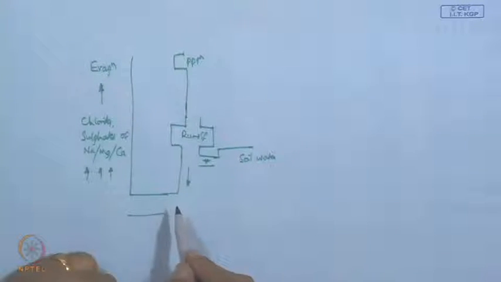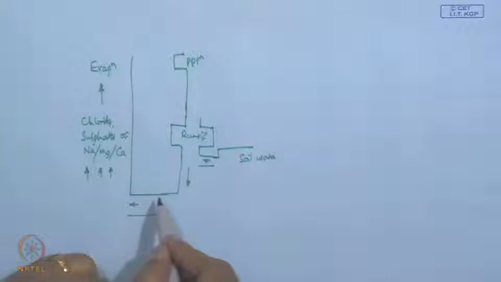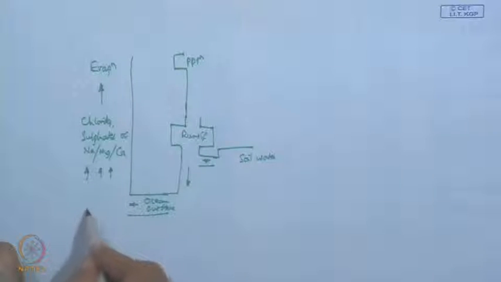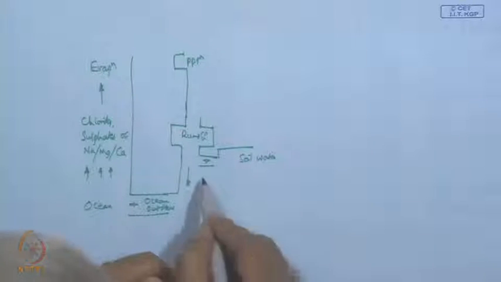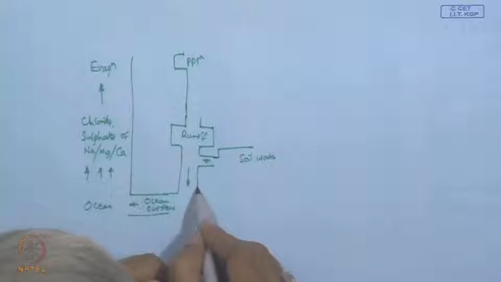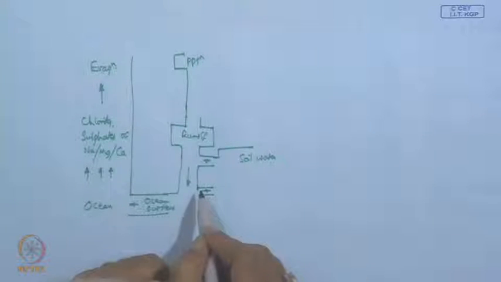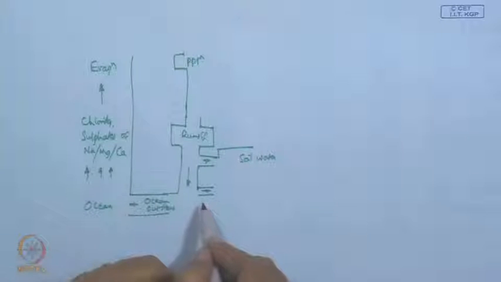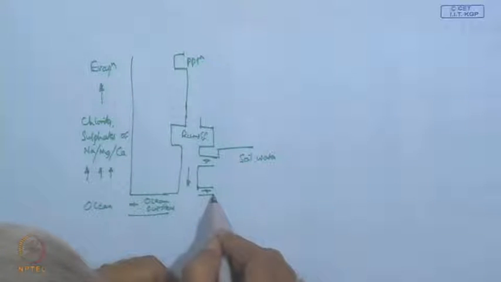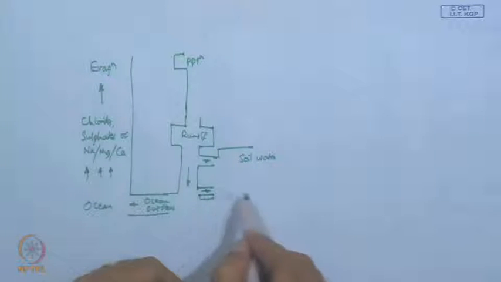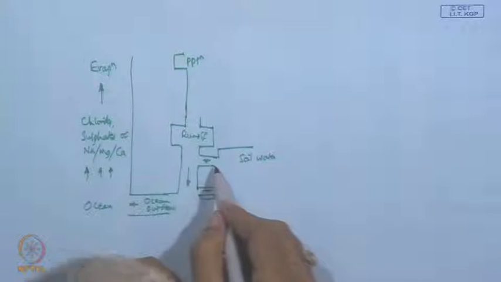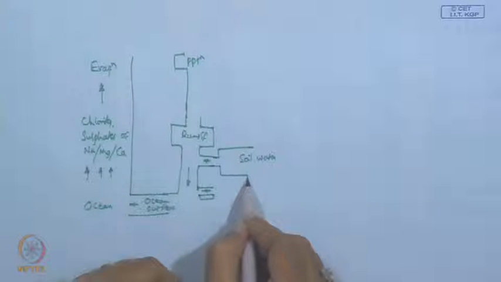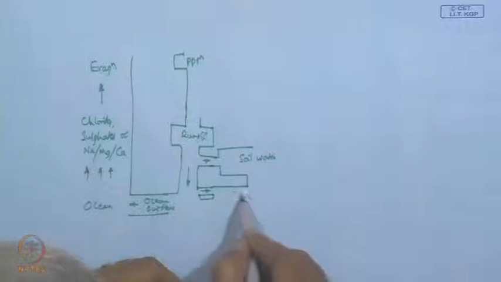This part of runoff goes to the ocean outflow, and here there is an ocean, and this part of runoff goes to groundwater. So here this is soil water, which we have already discussed, and below this soil water we have the groundwater.